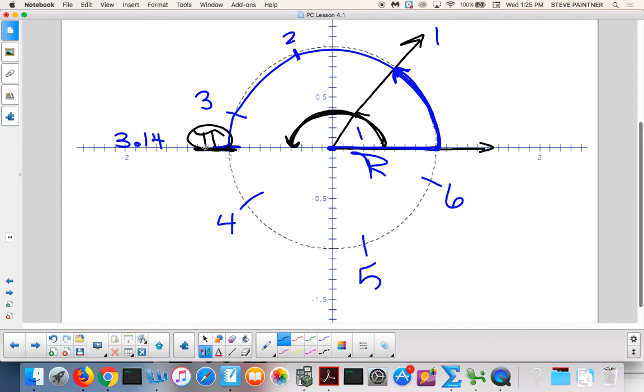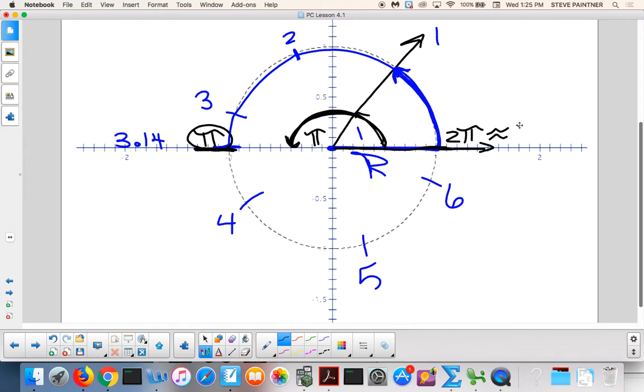Just say pi. What I'm saying is you either tell me 180 or you say pi radians. And pi radians, all it means is you take your radius and you wrap it around your circle 3.14 times, or just say pi radians. So a complete circle is 2 pi.